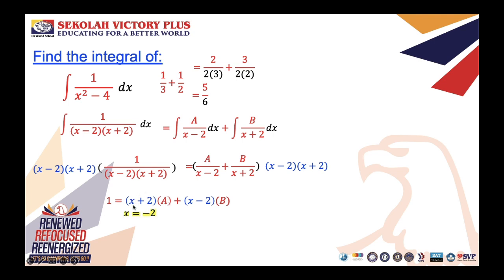So we can assume here x to be equal to negative 2, because this is the value of x that will make this 0. So once we have assumed this, this becomes 0 already, leaving us with 1 equals negative 2 minus 2 times B. Simplifying it, we get B equal to negative 1/4.